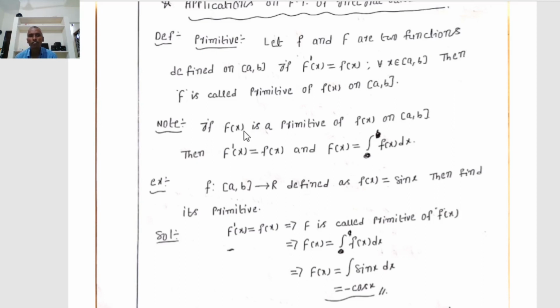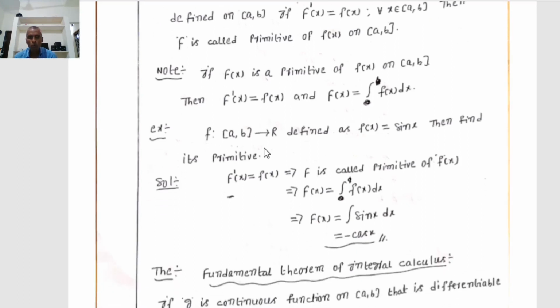Or if g of x is a primitive of f of x on [a, b], then g dash of x equals f of x, and g of x equals the integration of f of x dx.